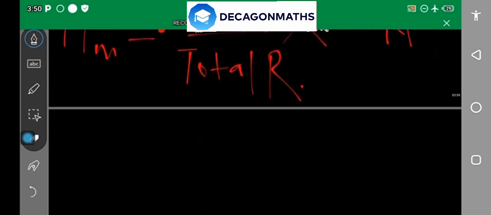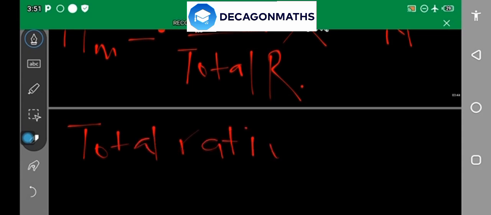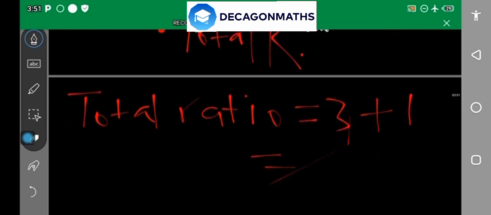And we know that the total ratio is 3 plus 1, which is 4.